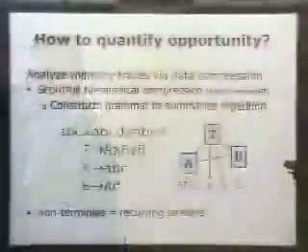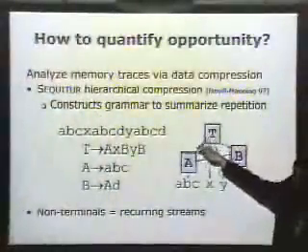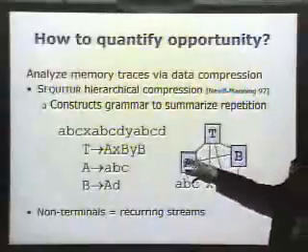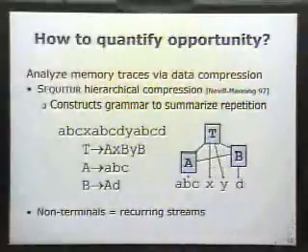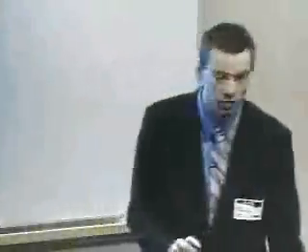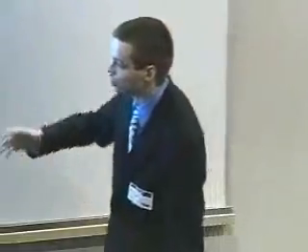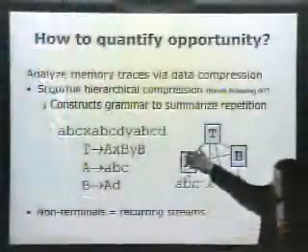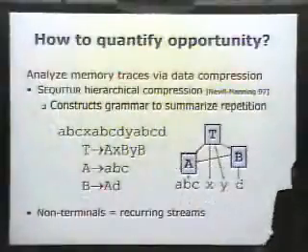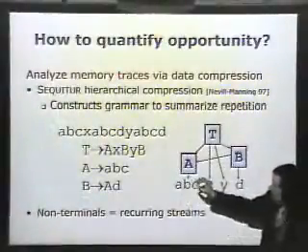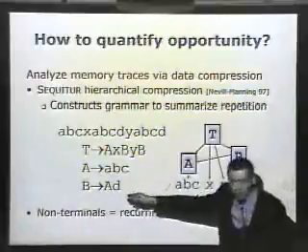So this string here, these might represent miss addresses. We as humans can see that ABC occurs 3 times and ABCD occurs twice. What the Sequitur algorithm will do is construct a grammar which, if fully expanded, regenerates that input sequence. But the key observation here is that these non-terminal symbols, the production rules in this grammar, correspond exactly to the repeating streams that we're trying to identify.